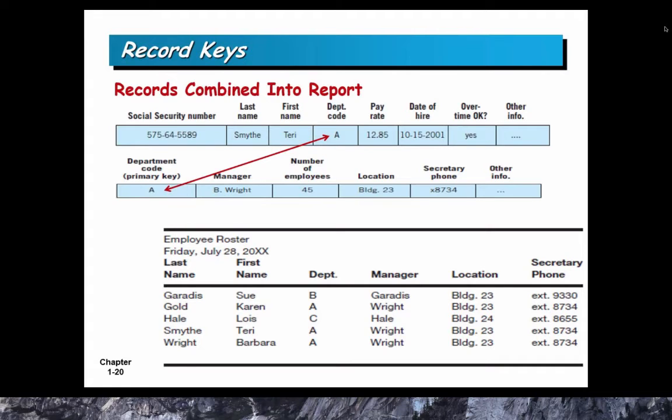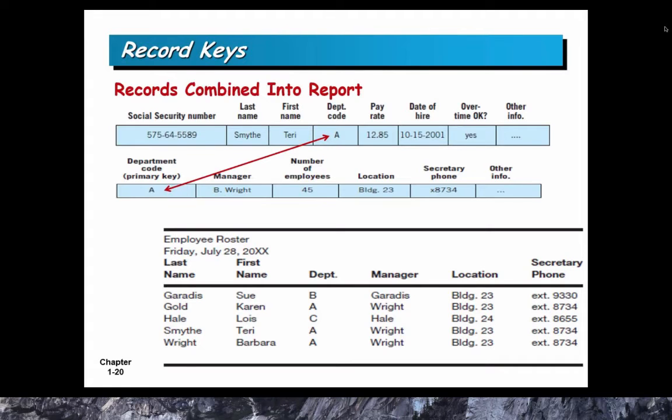What that allows you to do is produce a single report with information from this table and this table together. It allows you to link the information. So somewhere here would be Terry Smythe, her department. Notice there's nowhere here where it says who her manager is. You get her manager by linking to this table and seeing her manager there.